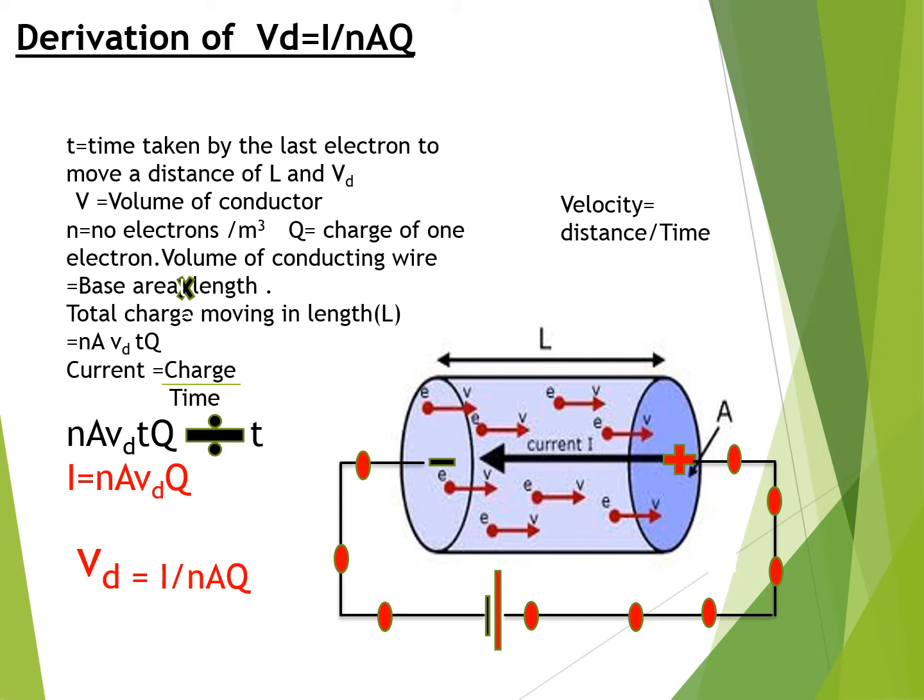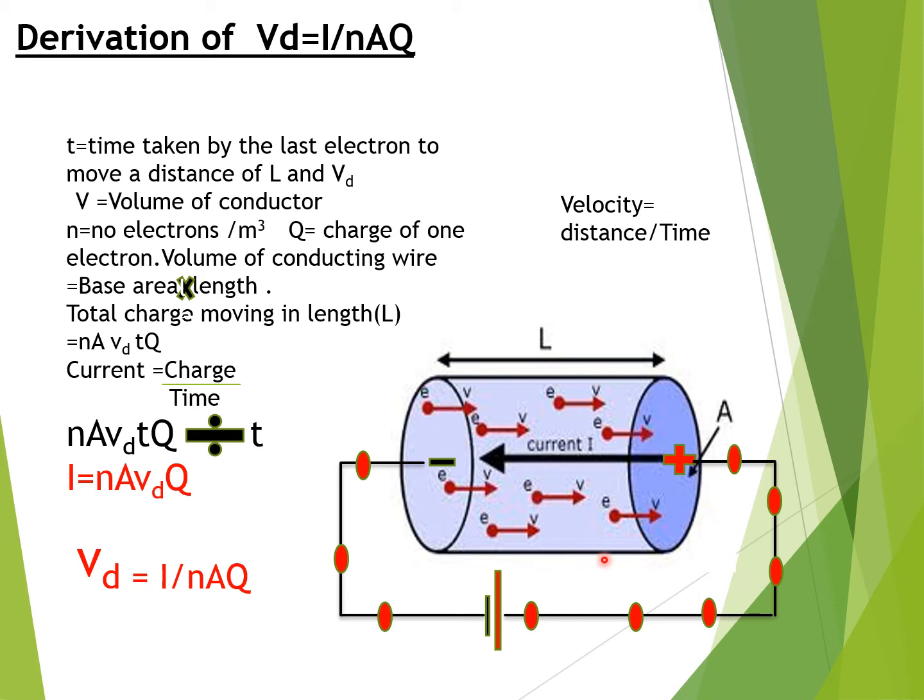Let us consider a conductor of length L and area of cross section A, and let e be the electron, Vd is the drift velocity of the electron.